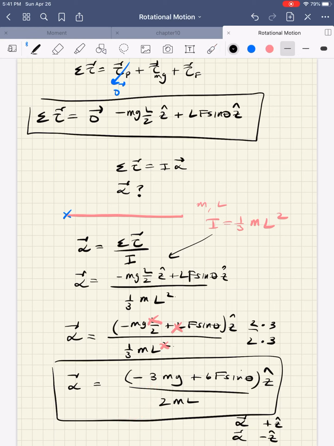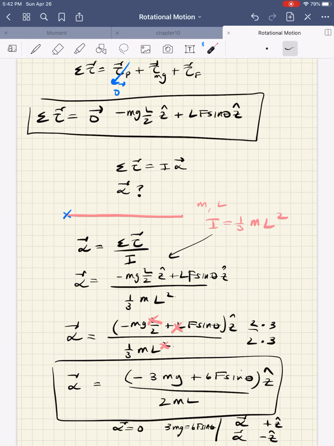And we can look at when alpha is equal to 0, which means there is no acceleration. And that happens when 3mg equals 6F sine theta. So clearly, if 3mg is larger than 6F sine theta, then alpha is negative. If 6F sine theta is larger than 3mg, then alpha is positive, pointing in the positive z hat. And so that's how we understand what's happening with alpha.